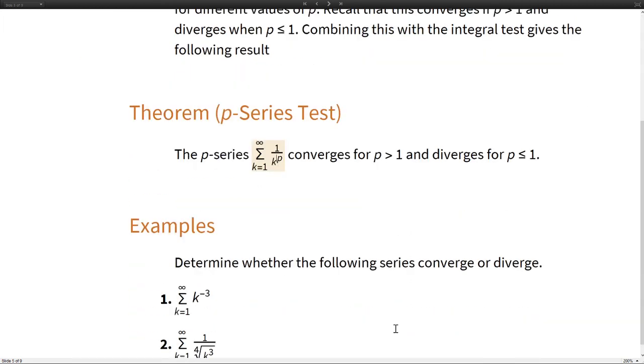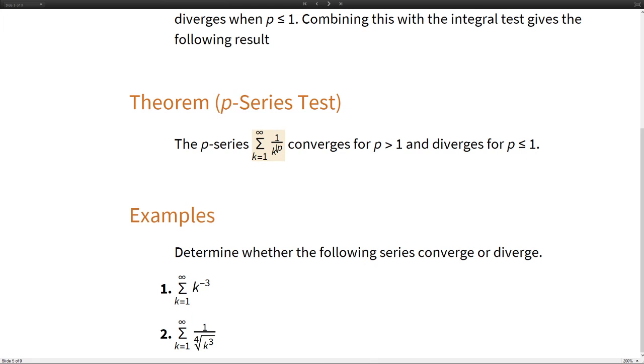We'll just look at a couple examples here real quick, just to point some stuff out. This first series, if we look at this as a p-series, is the sum of 1 over k cubed. So the p-value there is 3, so that series has to converge.